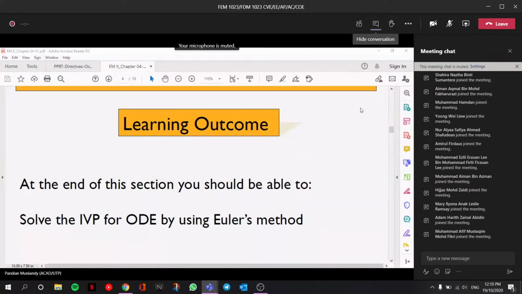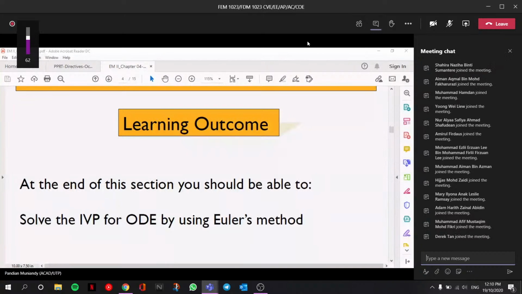Solve initial value problem, IVP. IVP, initial value problem for ODE by using the Euler method.